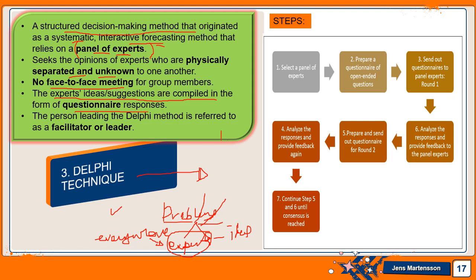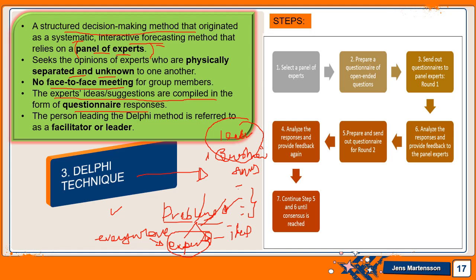So there is a group leader or group facilitator who will conduct the Delphi technique. This group leader will prepare questionnaires. Okay, questionnaires ni, it is like a survey. So it consists of so many questions on how to solve the problem. So these questionnaires will be emailed or sent to these experts everywhere.